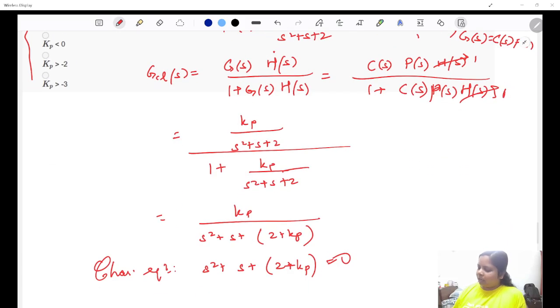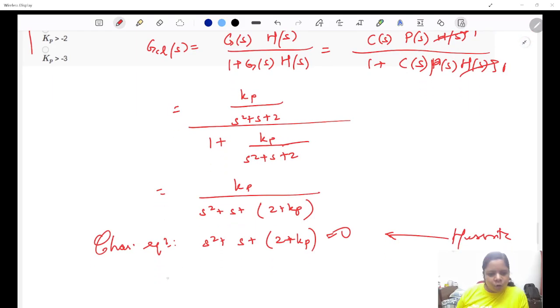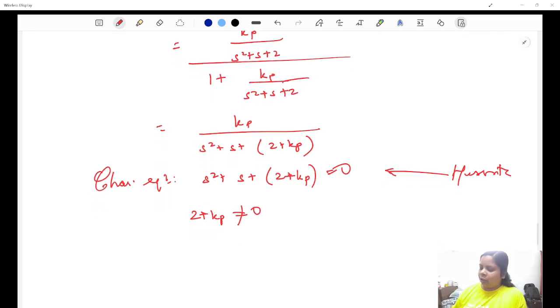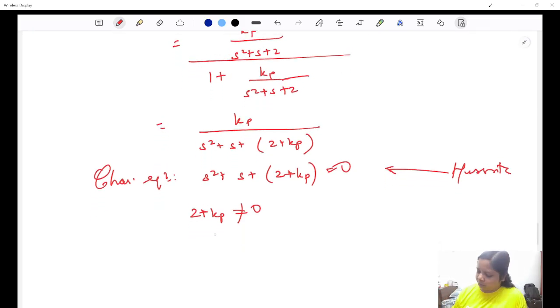Now, if we apply the Hurwitz criteria, what would that say? The s square coefficient is non-negative, that's fine. The s coefficient is also non-negative, that's fine. That means 2 plus Kp cannot be equal to 0. Okay? This is the first condition. The second condition is that all of the coefficients should have the same sign. Since the s square coefficient is 1 and the s coefficient is also 1, that means 2 plus Kp should also be positive.